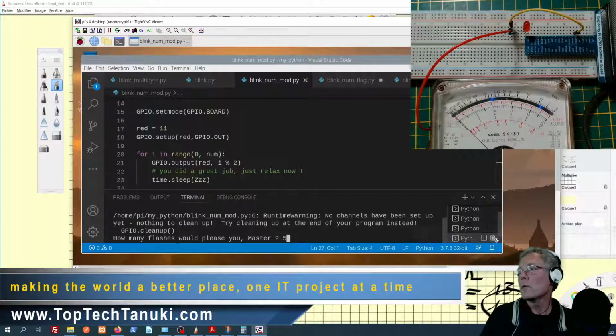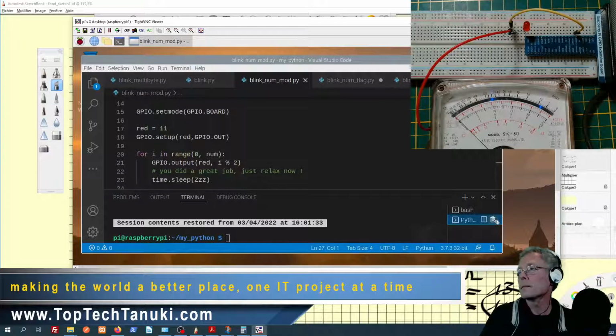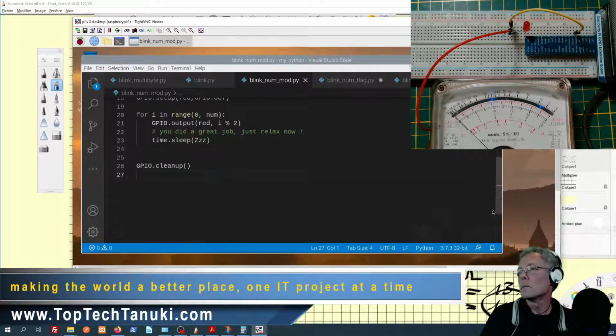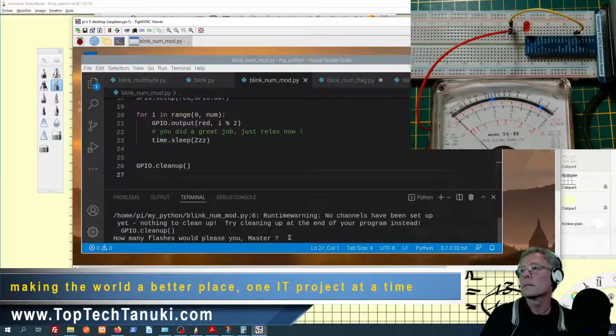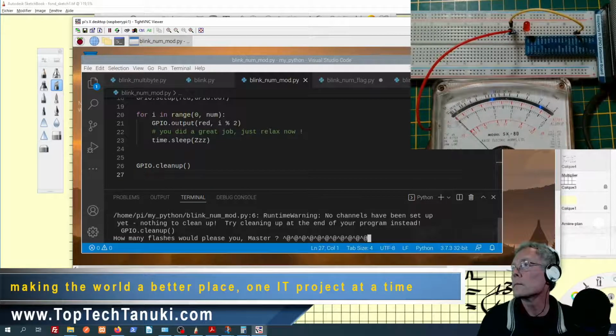Okay, maybe we have to drop all the terminals and we just launch it again. Okay. Let's start once again. Okay. What's wrong with it?